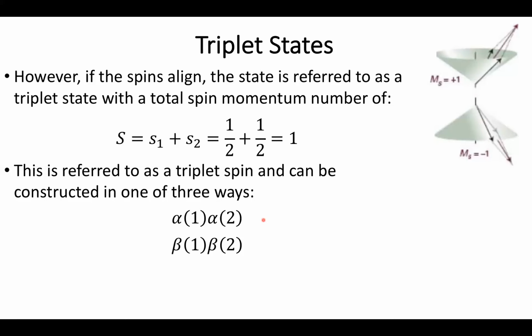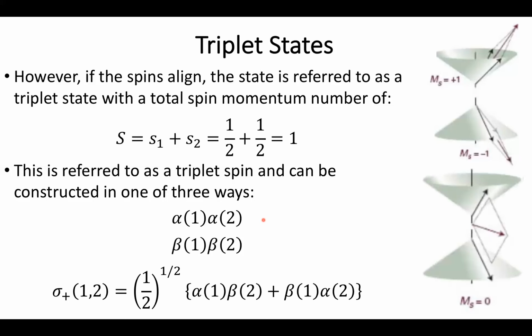Now, the third combination is actually very non-intuitive and sometimes can give some trouble. And that's the fact that I might have one spin pointed up and one spin pointed down. So first electron pointed up and the second electron pointed down. Or, of course, because of indistinguishability, the reverse. But it turns out that what this positive sign here denotes is that while I have the spins pointed in opposite directions, they're rotating in concert with each other, which means that they're always pointed in the same direction in the XY plane.